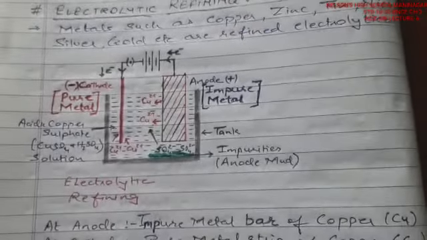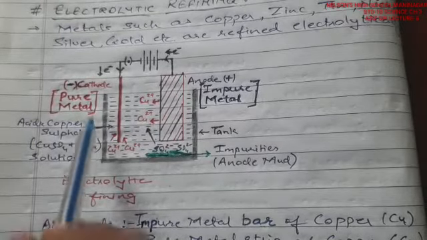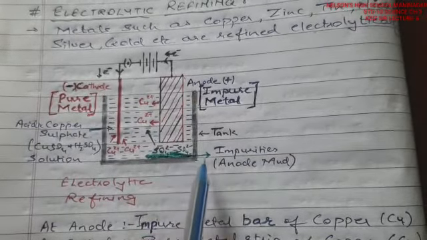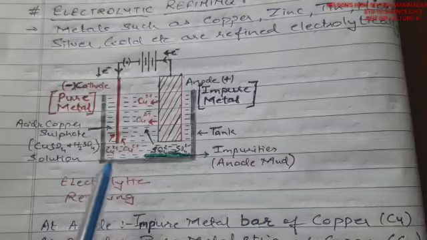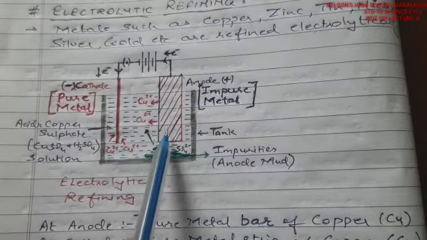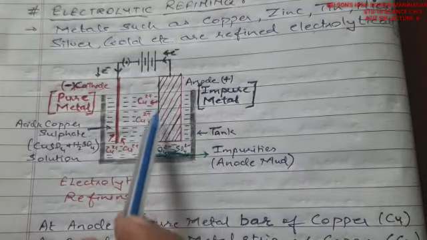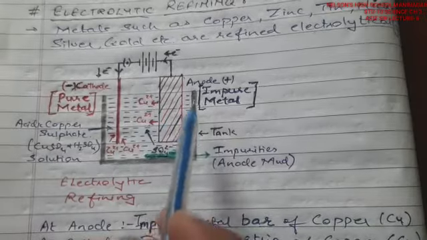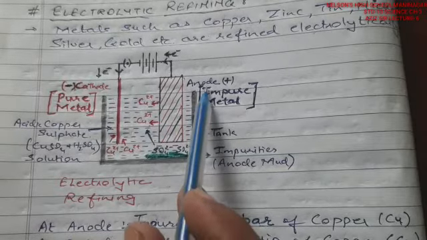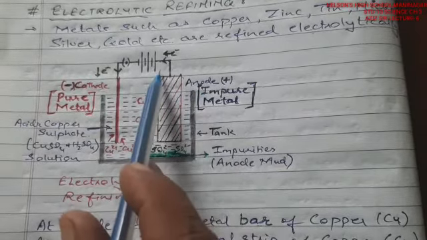I have drawn a diagram. This is a container, a big tank, in which the impure metal, the impure copper, is kept at the anode, connected to the positive terminal of the battery.